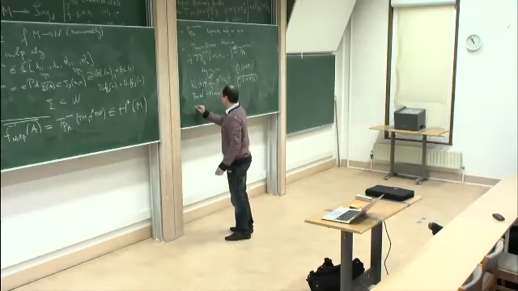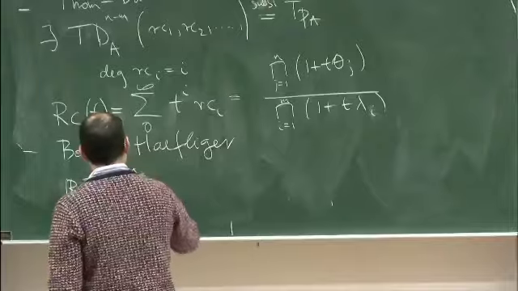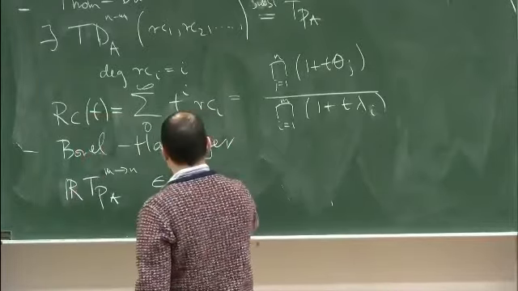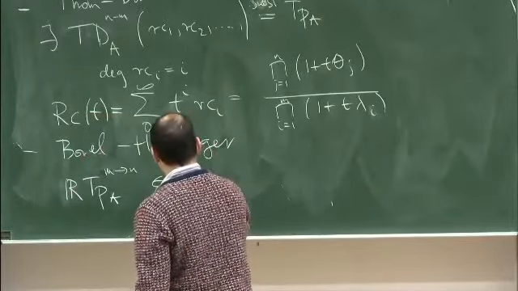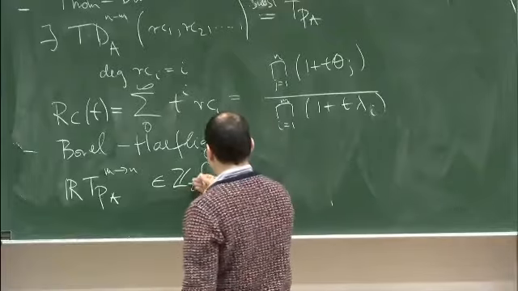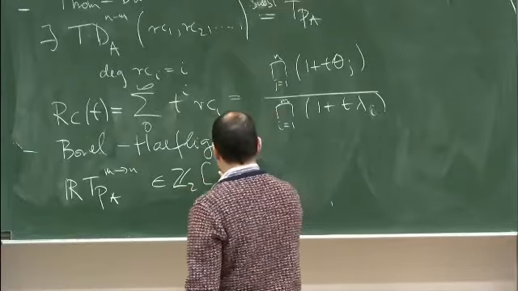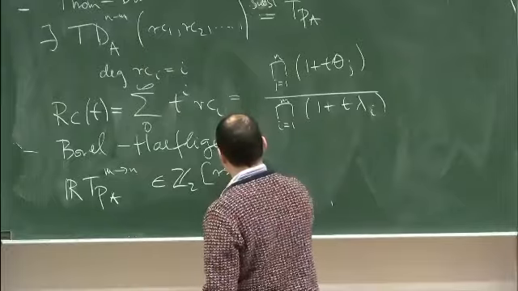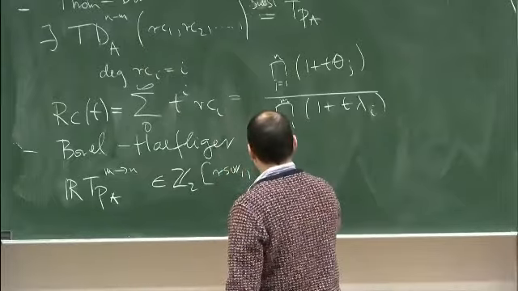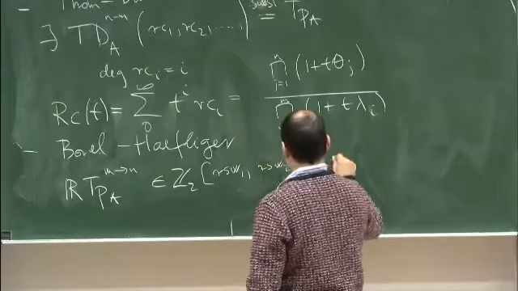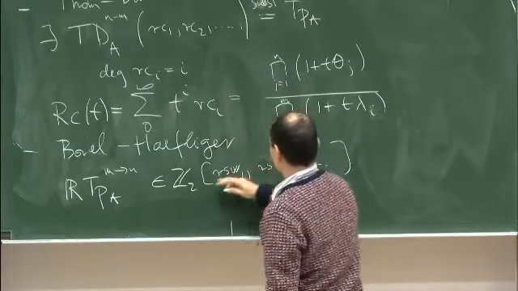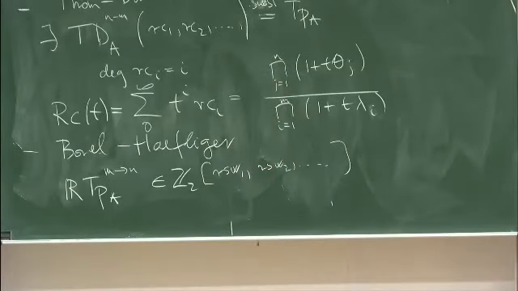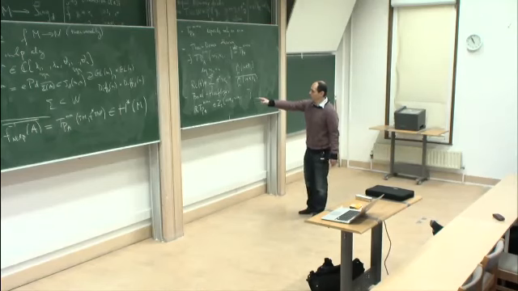So if I look at this RTP of A, then this will be a polynomial over Z mod 2Z, sorry, this is really bad notation, but anyway, in the Stiefel-Whitney classes 1, 2, etc. So you have a completely analogous story, and you have the Stiefel-Whitney classes here, and I'll relate the complex polynomial to this real one.